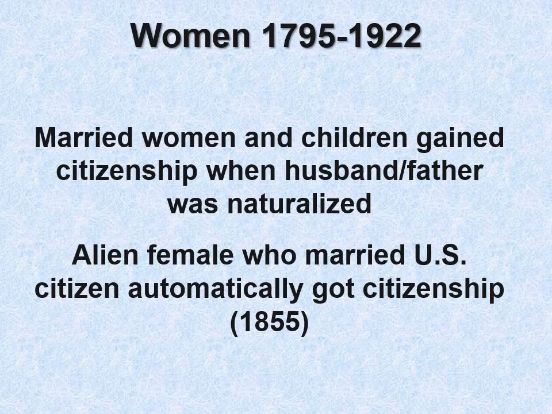Before 1922, for a long period of time, married women and children gained citizenship when the husband or father was naturalized. These are immigrant individuals. But an alien female who married a U.S. citizen automatically got citizenship. That basically says the same sort of thing in 1855.